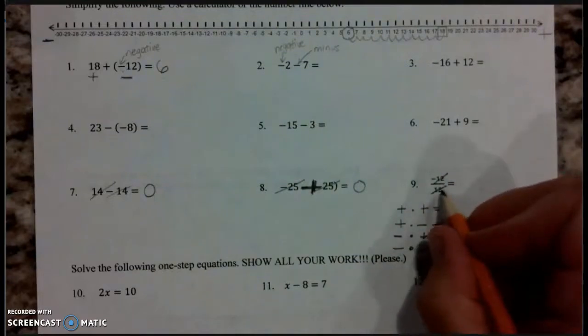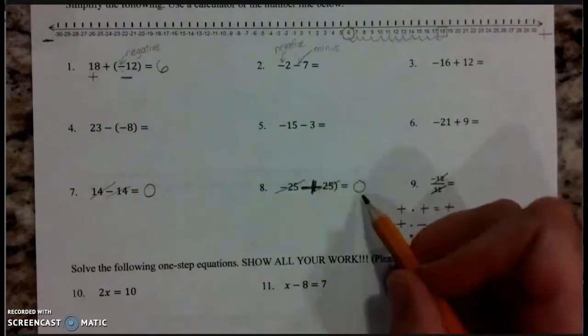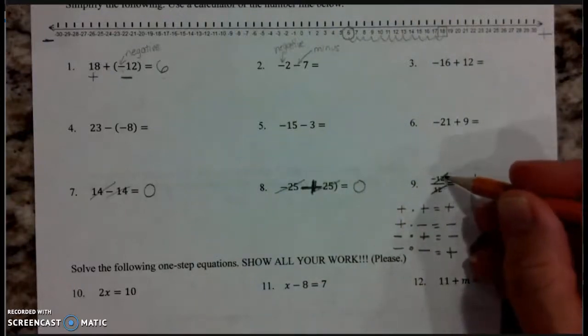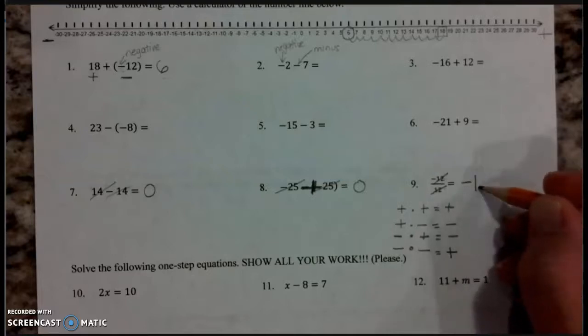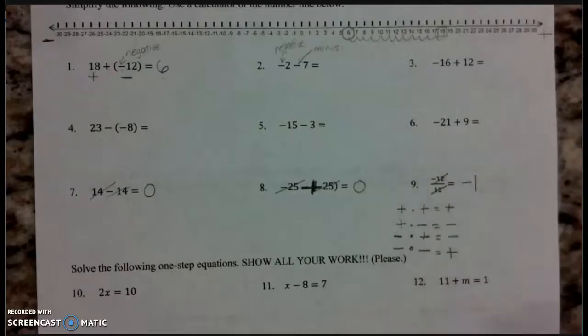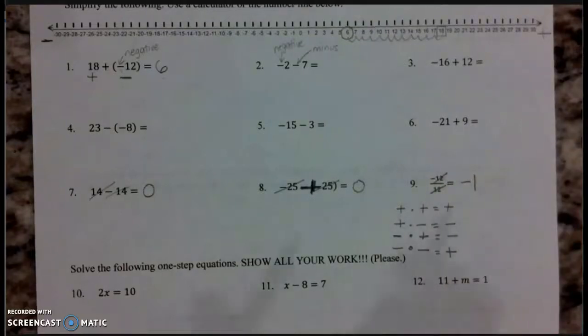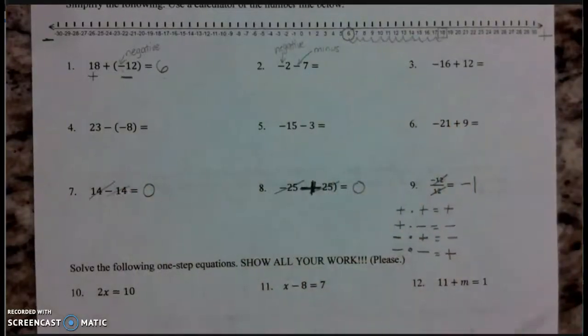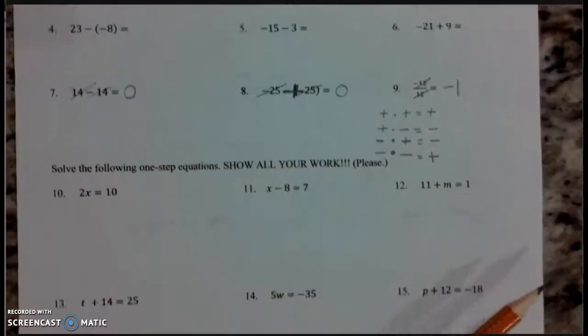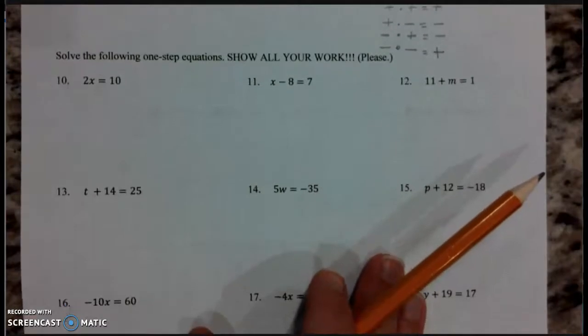Now with division and multiplication, you don't end up with 0 like adding and subtracting, you end up with 1. 12 goes into 12 one time. 12 goes into negative 12, negative 1 time. We'll come back to this, so if you're still confused, don't worry about it. I promise you we'll come back to these because we need those for this.